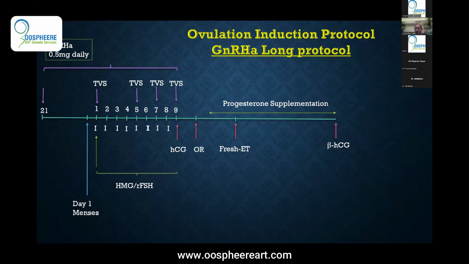For leuprolide, for buserelin, for all of these, we have these preparations available, 4 milligram per 4 ml. We have to give 0.5 milligram per day. So 4 milligram per 4 ml, when we calculate, becomes 1 milligram per 1 ml.